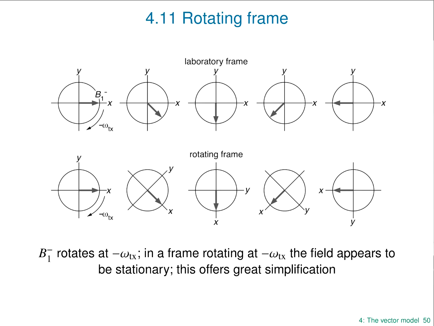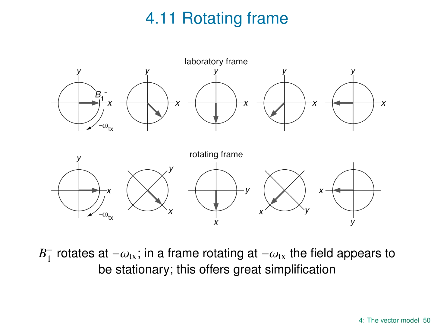Now we need to try and simplify the description to get rid of this time dependence. And the way you do this is you go to a rotating frame of reference. So first of all, look at the first line, marked laboratory frame. I've chosen B1 minus to be the one going around in the same direction as the Larmor frequency. And it's actually going around at a frequency minus omega Tx.